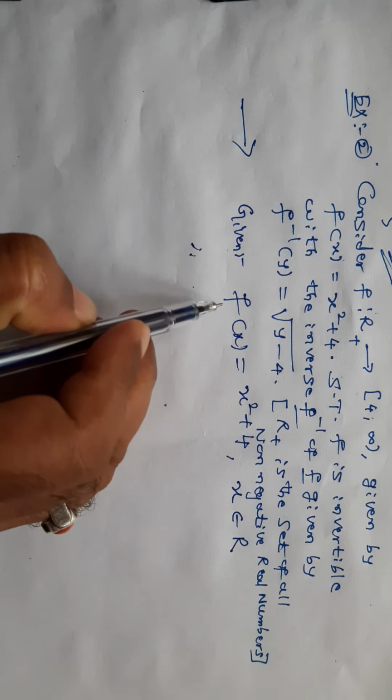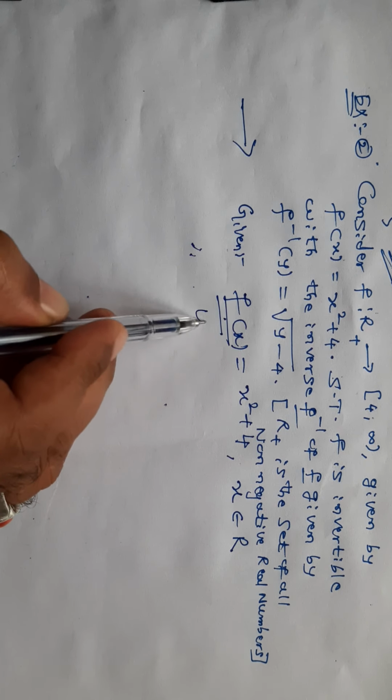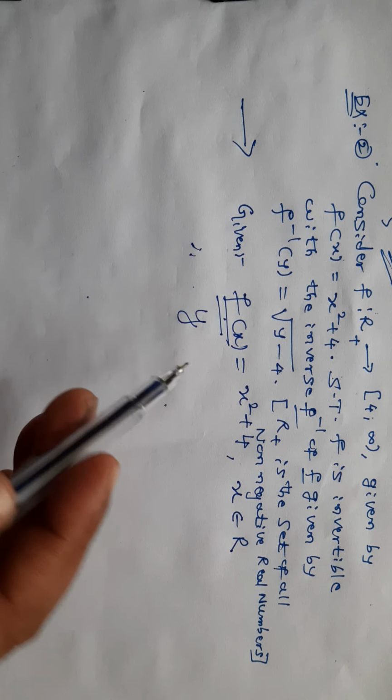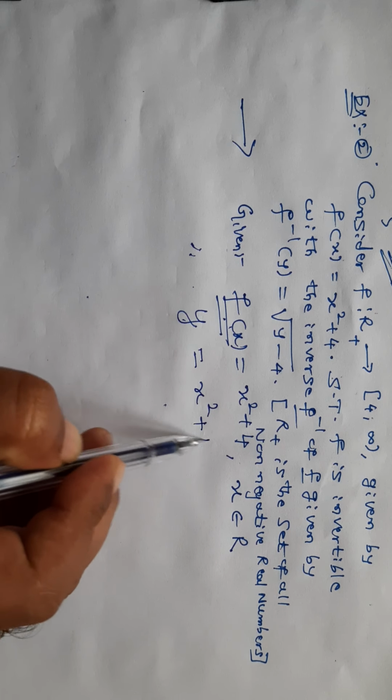All of us know that f of x is y, because we say y is the image of x, which we can write as y is equal to f of x. So f of x is nothing but y. So y is equal to x square plus 4.